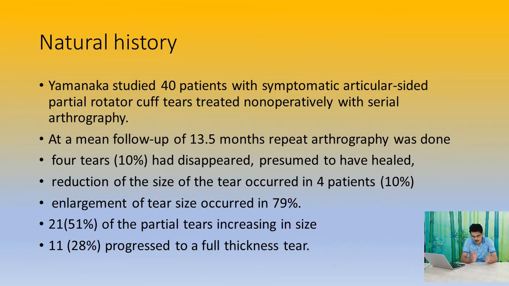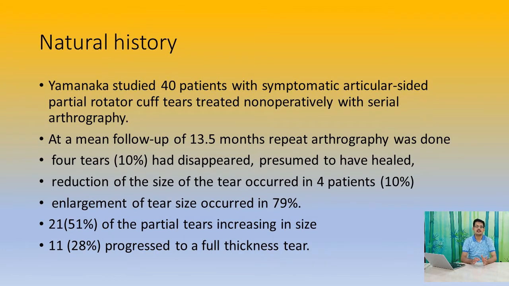Now, what is the natural history of a partial rotator cuff tear? Yamanaka studied 40 patients of symptomatic articular sided partial thickness tears, and these were treated non-operatively with serial arthrography, and they were followed up for more than 1 year, approximately 13 months. It shows that around 10% of tears healed completely over a period of time, and 10% of the tears reduced in size.